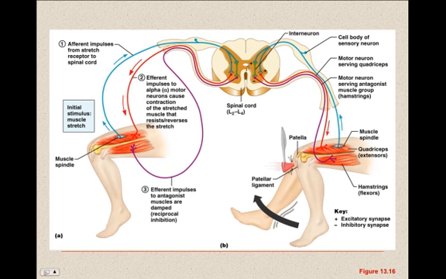So again, this interneuron that's stimulated is inhibitory, and it will release inhibitory neurotransmitter, again, causing hyperpolarization in the cell body there and prevent this motor neuron from being excited, so to prevent muscle contraction of the hamstrings, which is the antagonist muscle. So again, kind of interesting. This is called our stretch reflex.